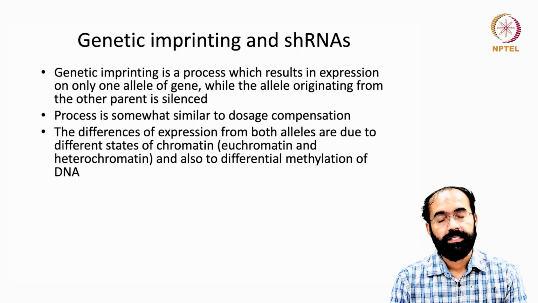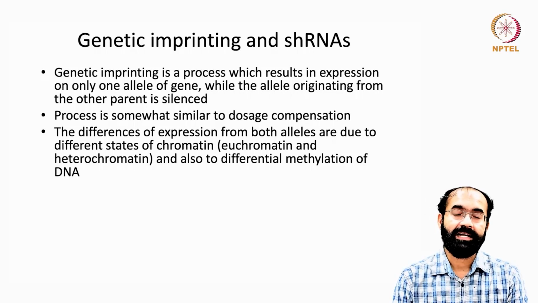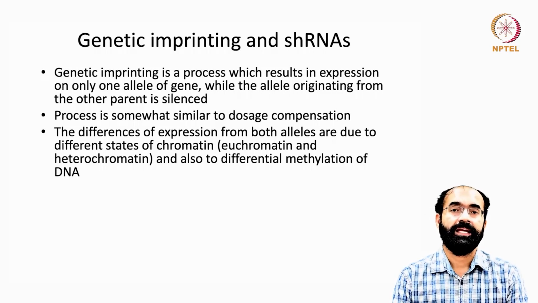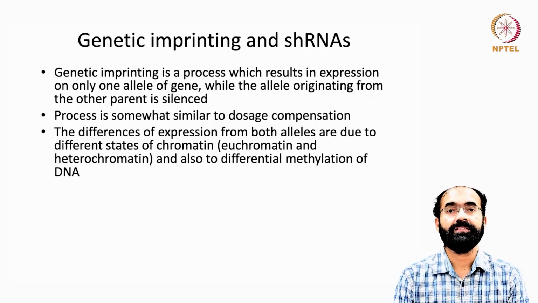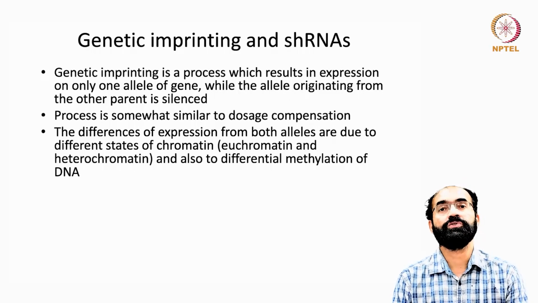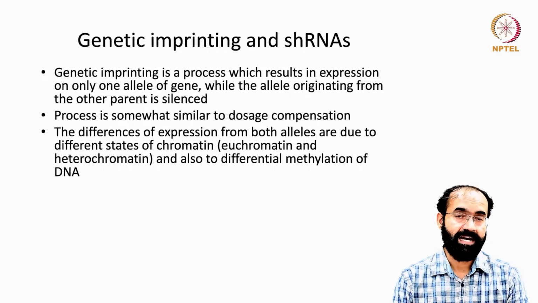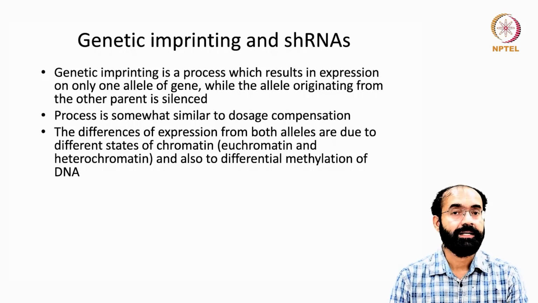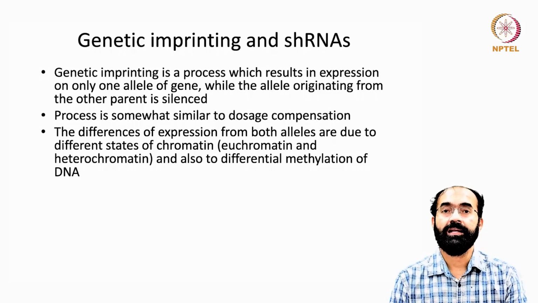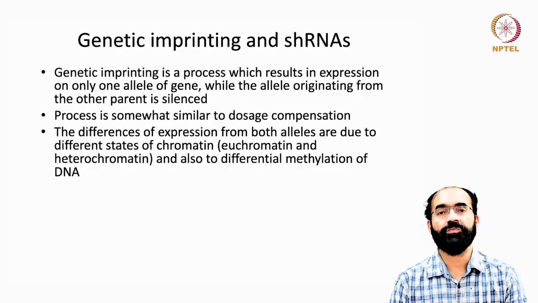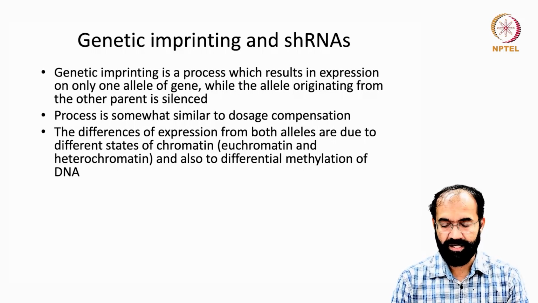So we should understand that the differences in gene expression to a large extent go to the imprinted status of a gene, and not all genes are imprinted. A fraction of the total genes are imprinted.